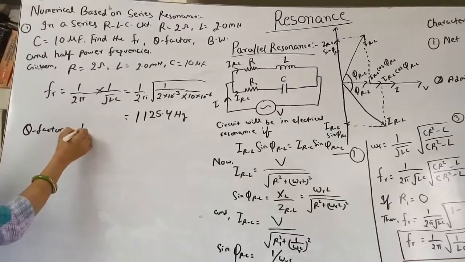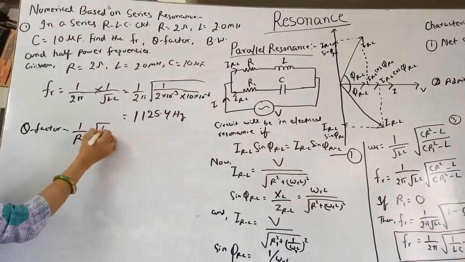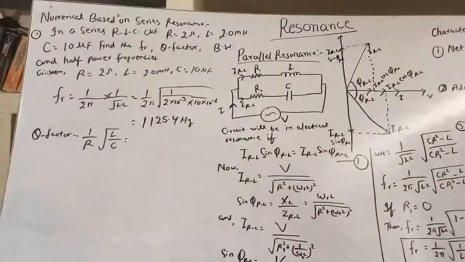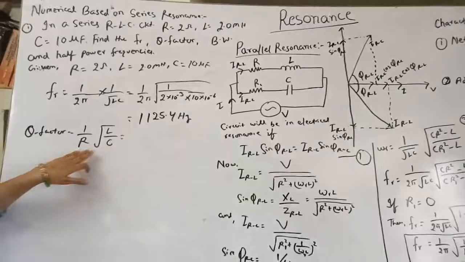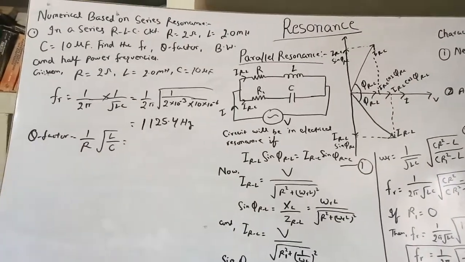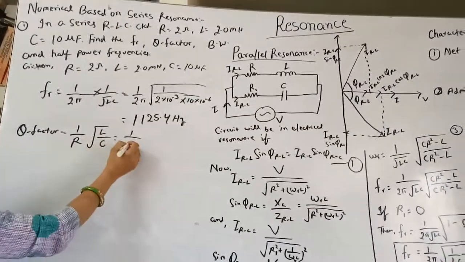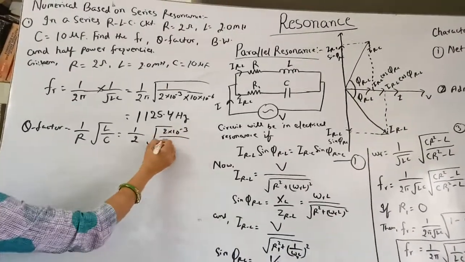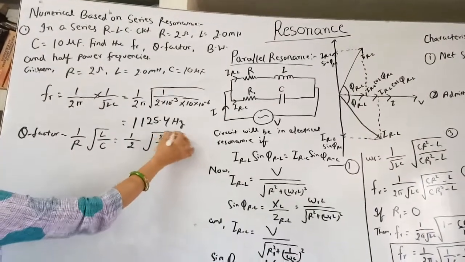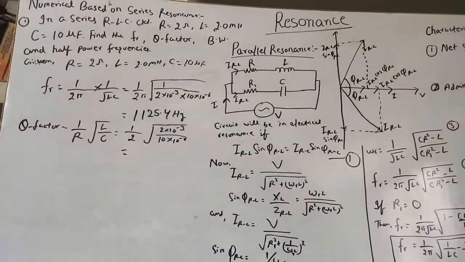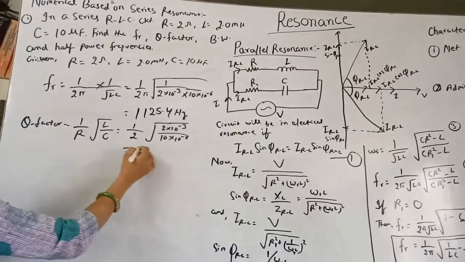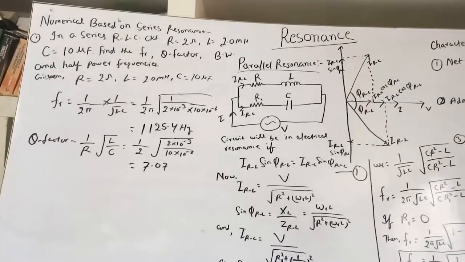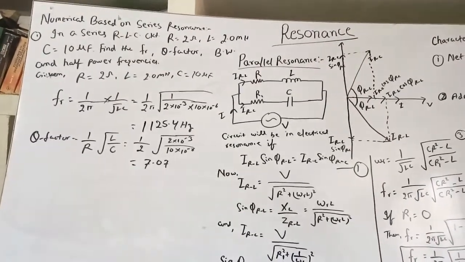We have derived that 1 upon R root under L upon C. Here you can put all the values R, L and C, that is 1 upon 2 root under 2 into 10 to the power minus 3 upon 10 into 10 to the power minus 6, and this value after calculation is 7.07. As it is a factor, it is a unitless quantity.